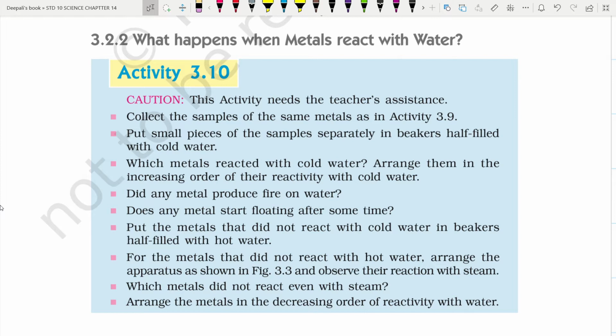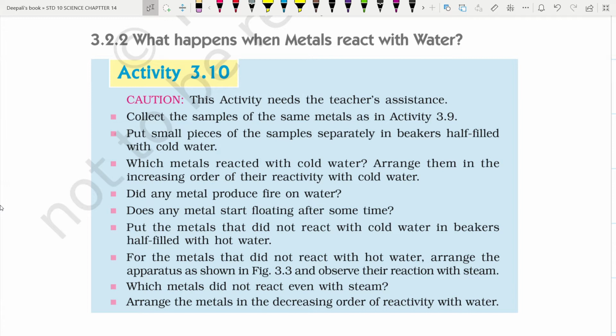So if you observe, sodium, potassium and calcium react with cold water.